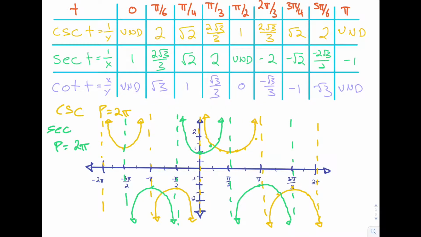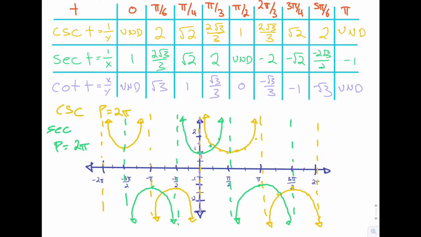Now, last but not least, for cotangent, you'll again see the relationship between cotangent and tangent as we graph it. So at 0, we have a similar asymptote to cosecant. Then, as we leave the positive side, since we're positive at pi over 6, that should tell you that as we approach 0 from the positive half of the graph, we go up to positive infinity, something to keep in the back of your head.